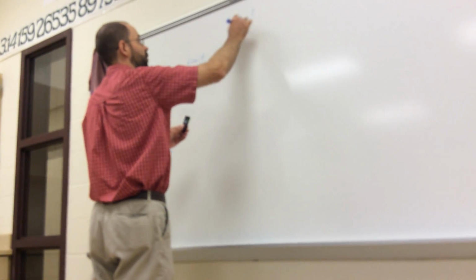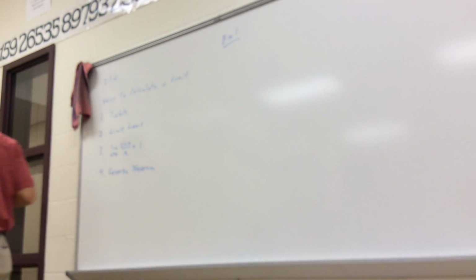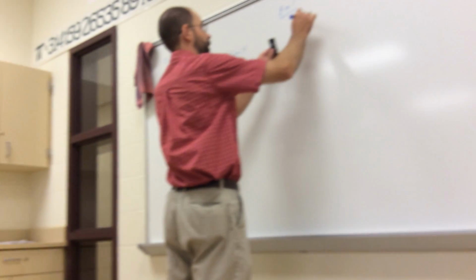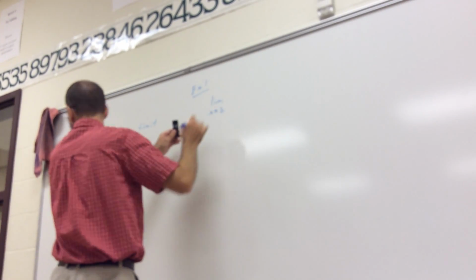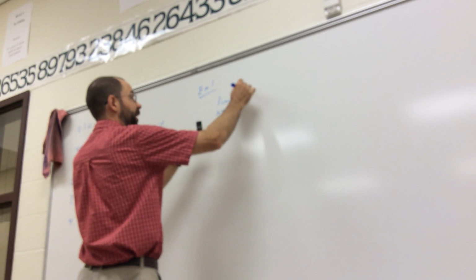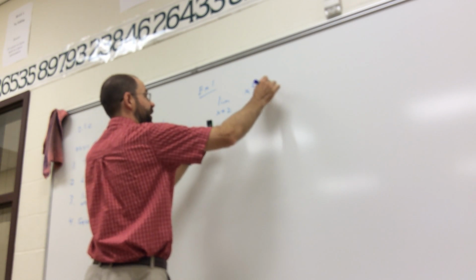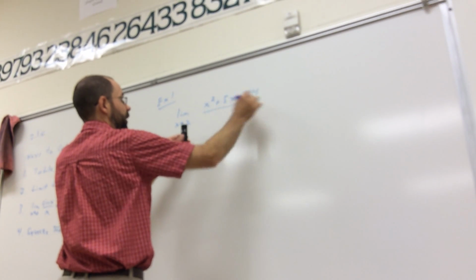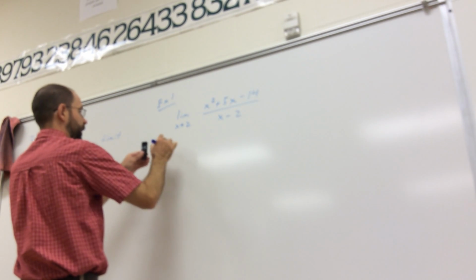So here's example 1. And the problem is the limit as x approaches 2 of x squared plus 5x minus 14 all over x minus 2.